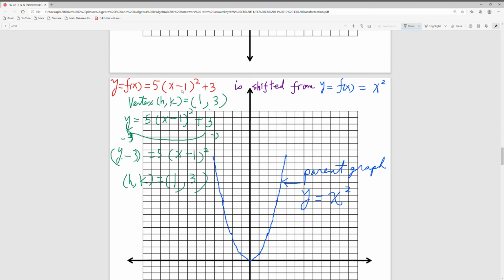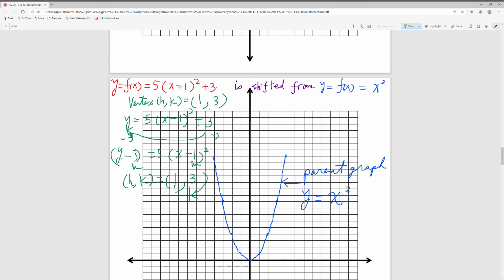Okay? So depending on how you want to think about it, if it is plus 3 to the whole function, then k is positive 3. But if you think about the number with y minus, it is 3. So still positive 3. Y minus positive 3. X minus positive 1. Okay?